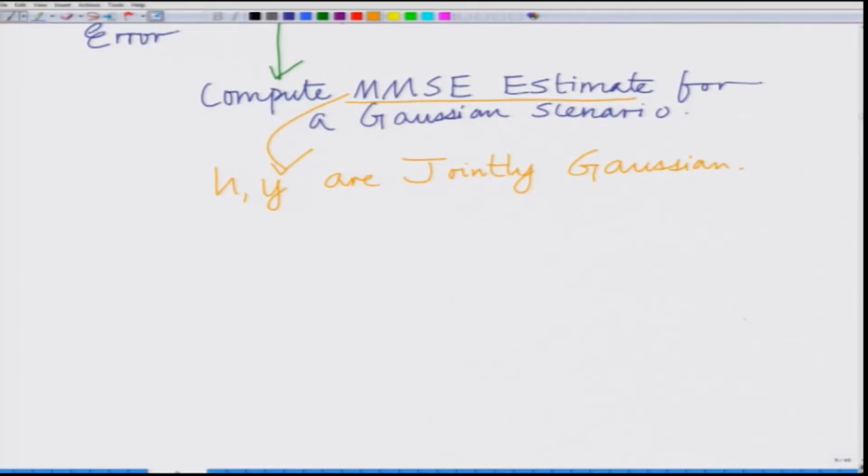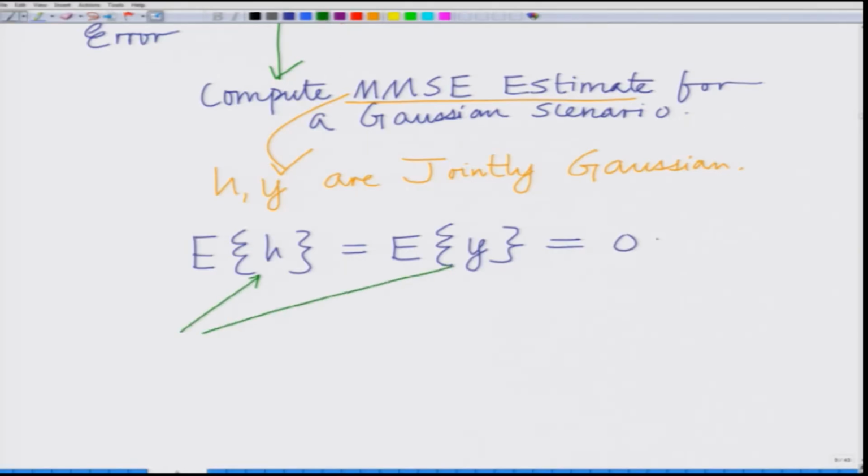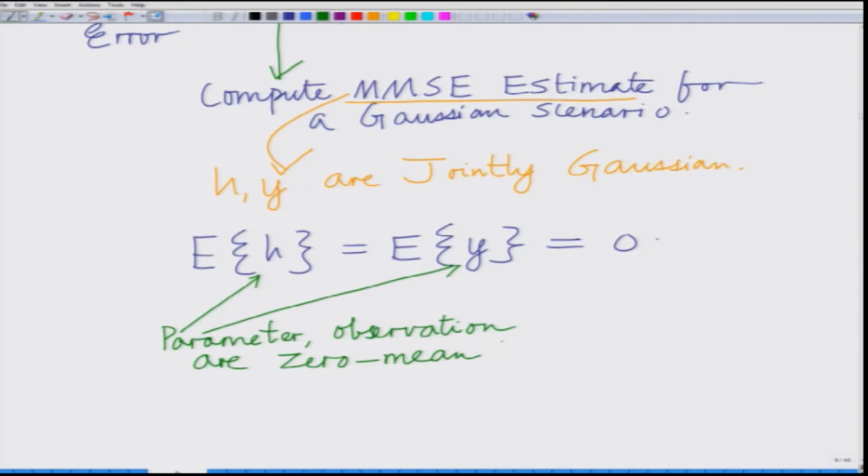To start with, to make things simple, let us consider zero mean random variables, that is, the expected value of h equals the expected value of y equals 0. This implies that the parameter h and the observation y are zero mean random variables.